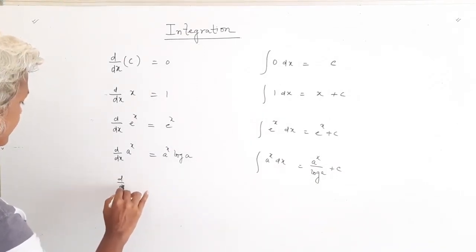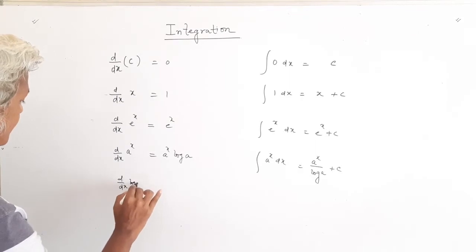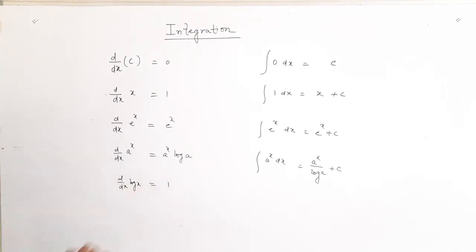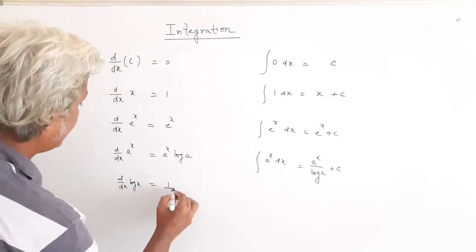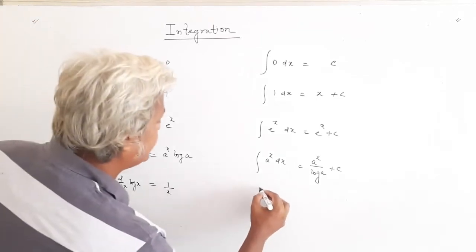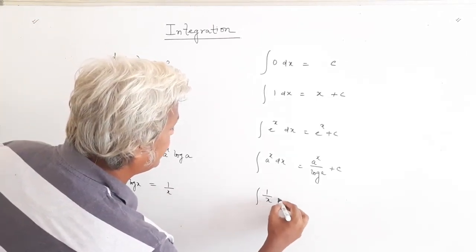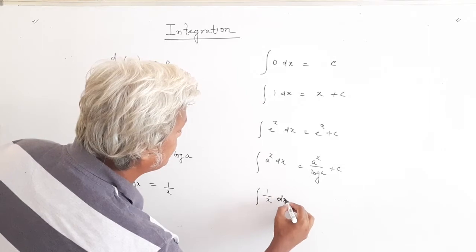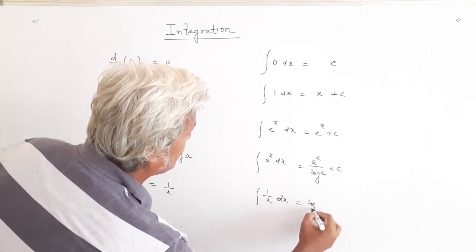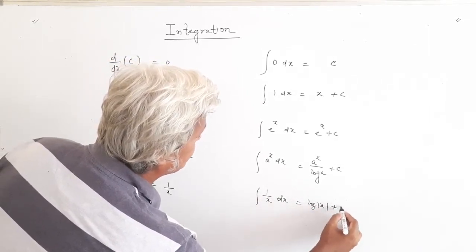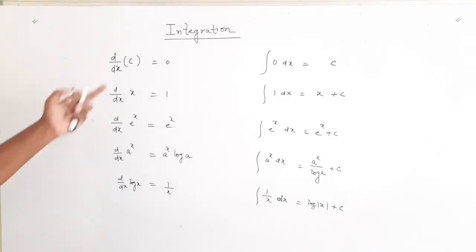Differentiation of log x is 1 upon x. Then the integration of 1 upon x is log mod x plus c. So these are the ways by which we derive the formulas.